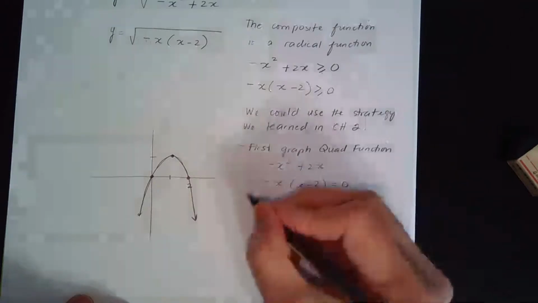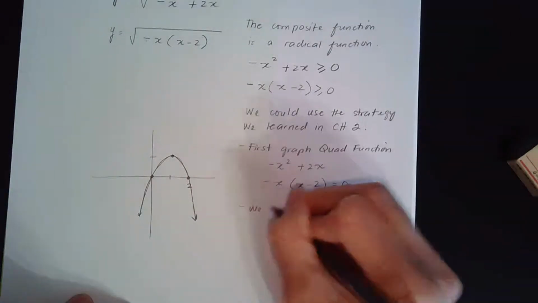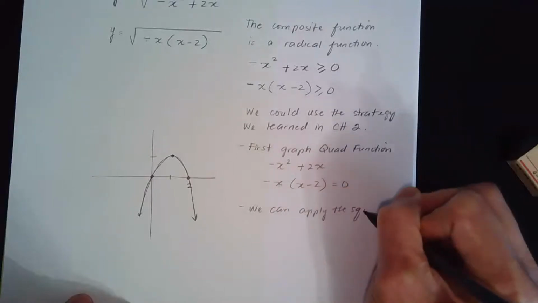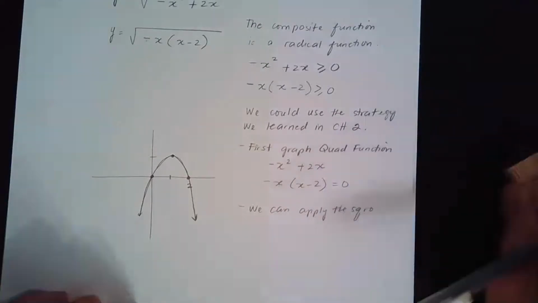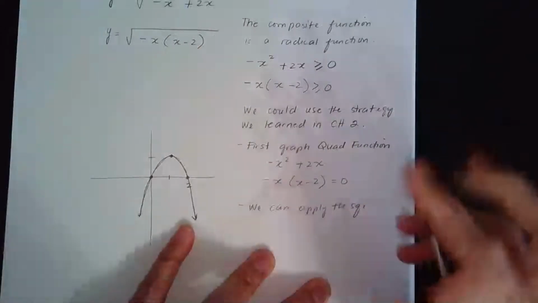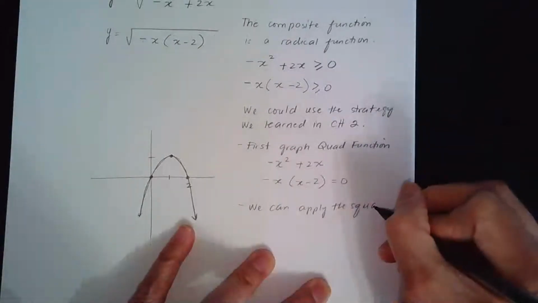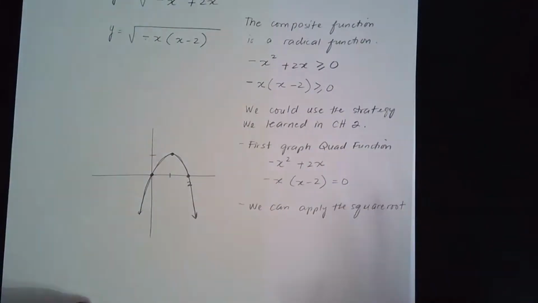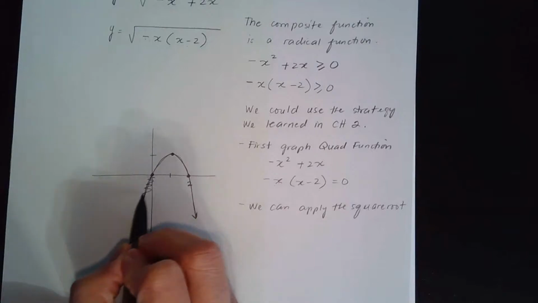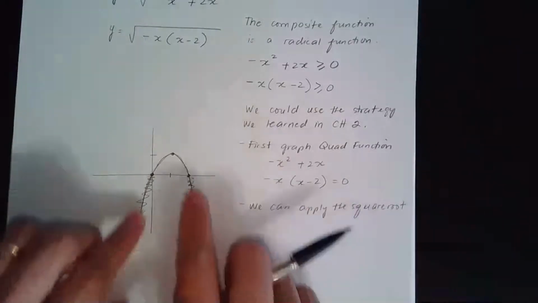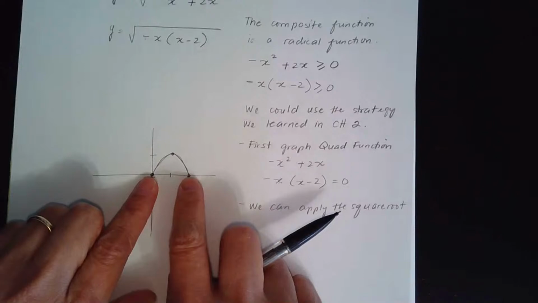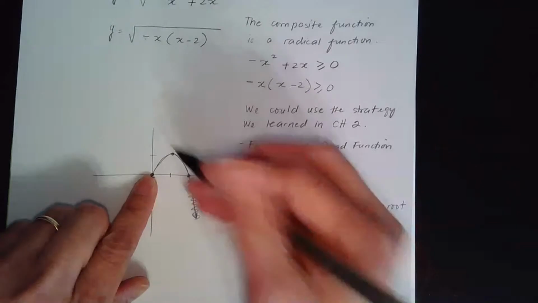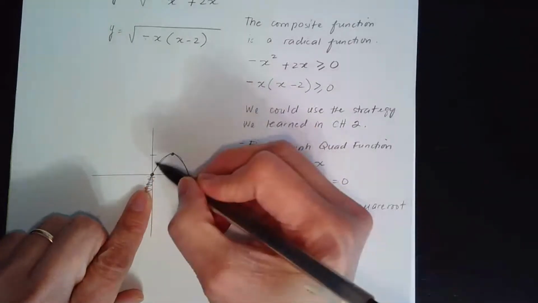Now after that, we can apply the square root. That means we cut off the negative part. Those are the invariant points, and this is also an invariant point at 1.